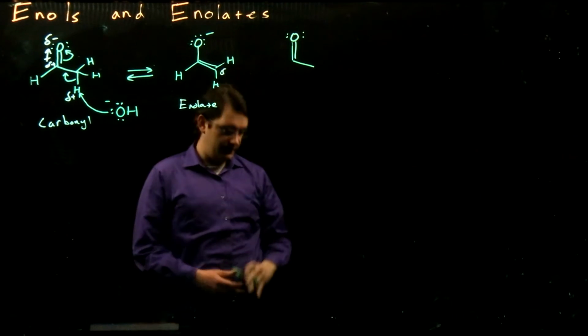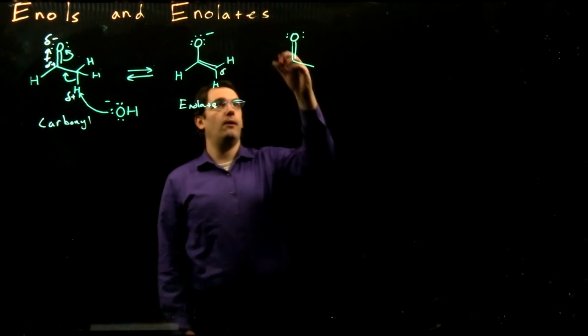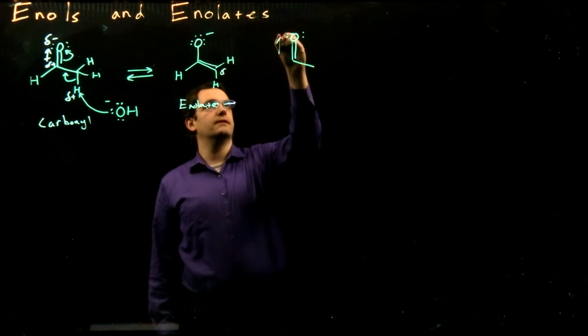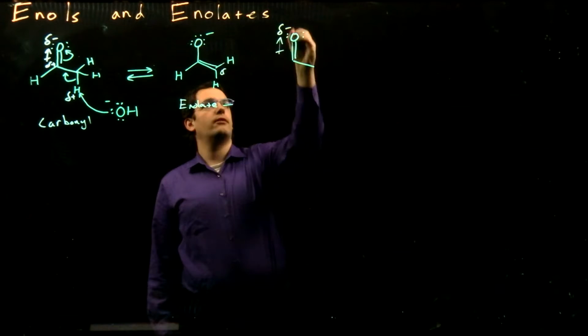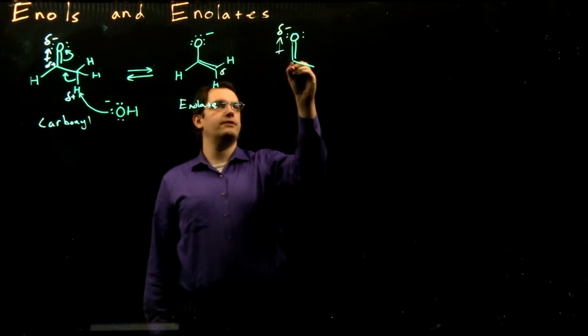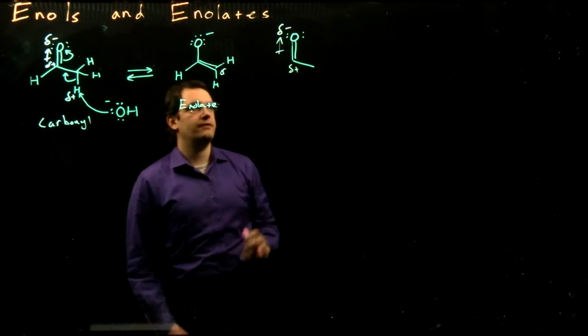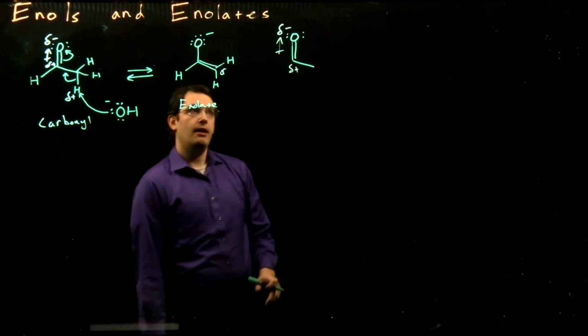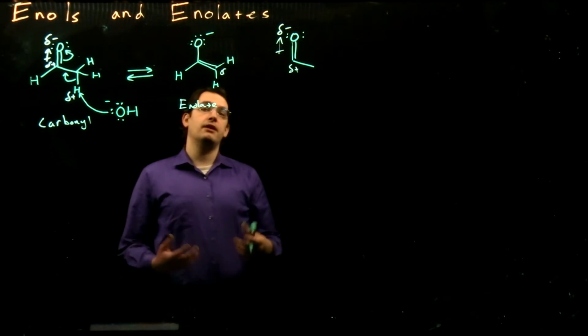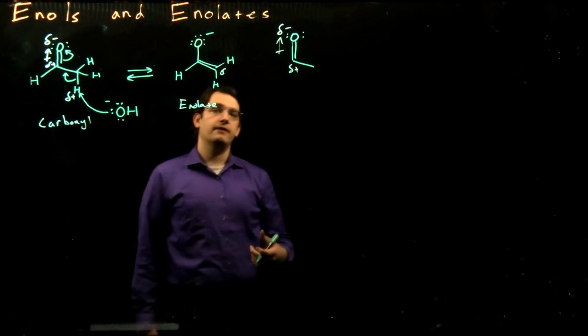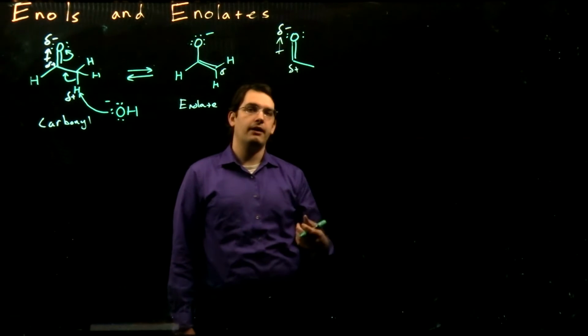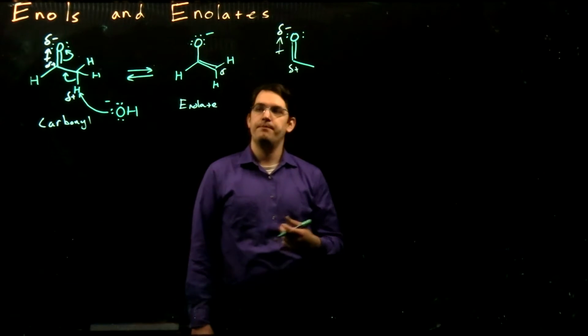And of course, this is a carbonyl, so it's going to be pulling electron density towards itself, creating a partial negative charge on our oxygen and a partial positive charge on our carbon. That carbon, as we know, is a good electrophile that is susceptible to nucleophilic addition reactions.